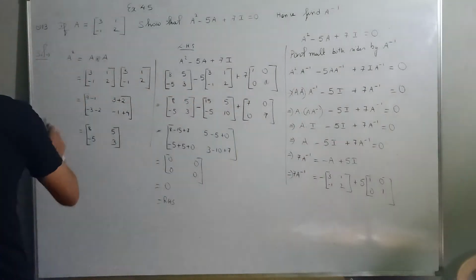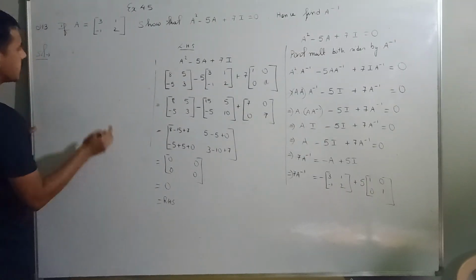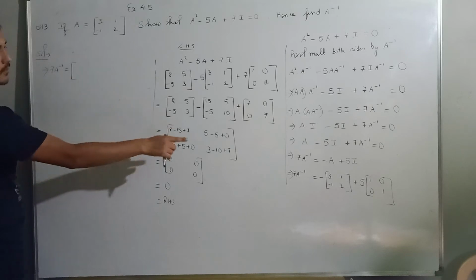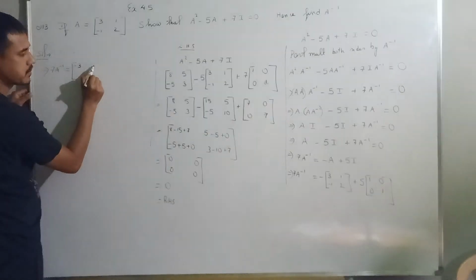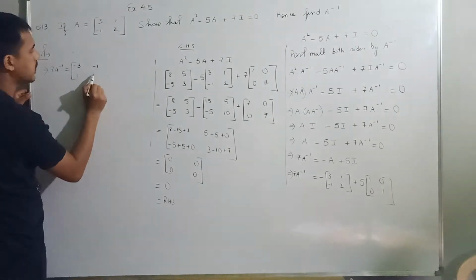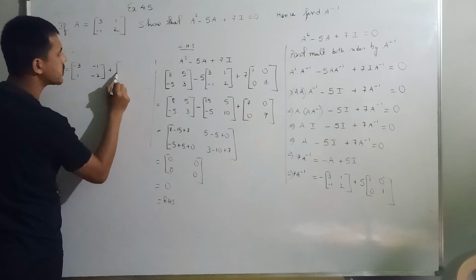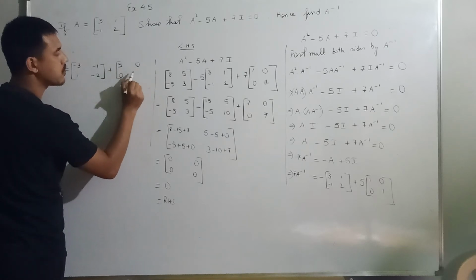I need some more space, so I'm going to rub this part. In that case, this implies your 7A inverse will be equal to, what is negative of your matrix A? Minus 3, minus 1, 1 and minus 2, plus your identity matrix multiplied with scalar 5 will become 5, 0, 0, 5, correct?